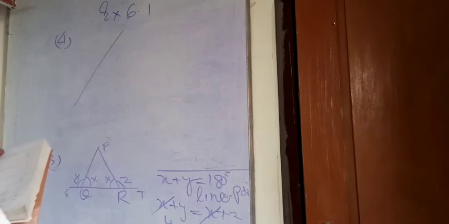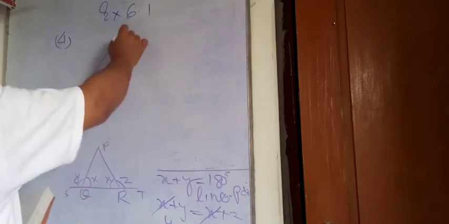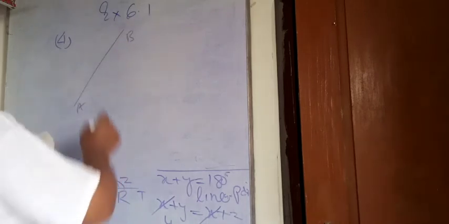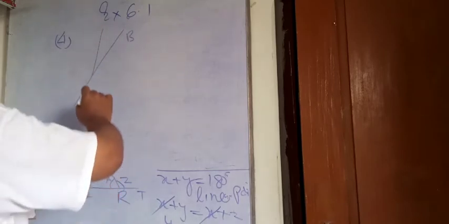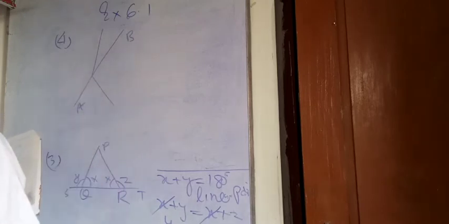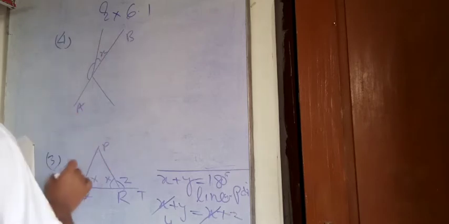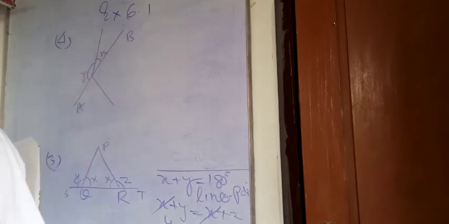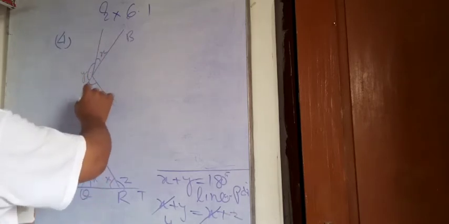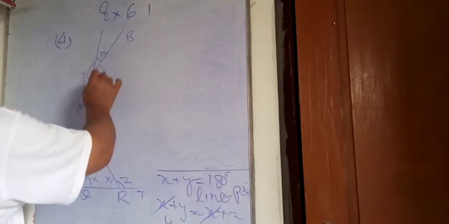There is a straight line AB. AB is a straight line here, and one line comes like this, another line goes like this, and angles have been marked as x, y, z and w.